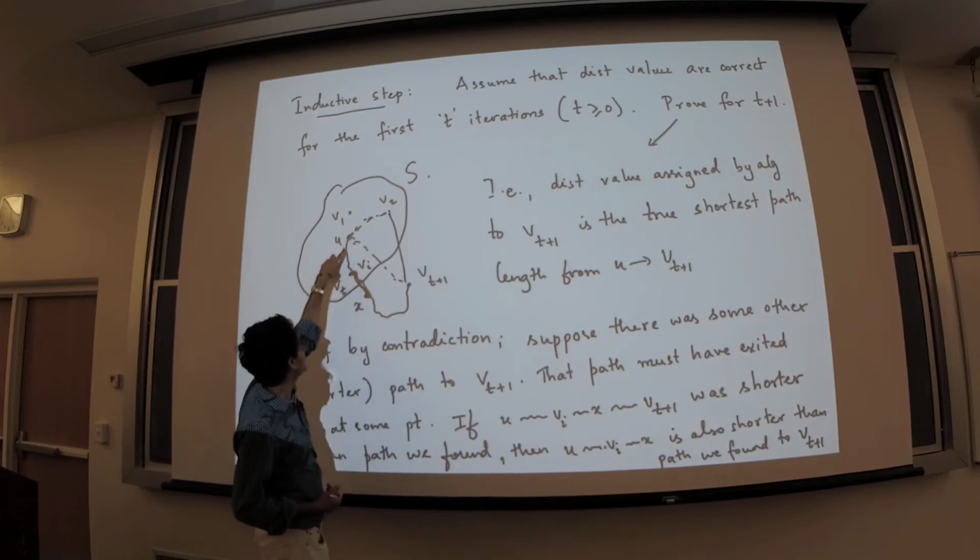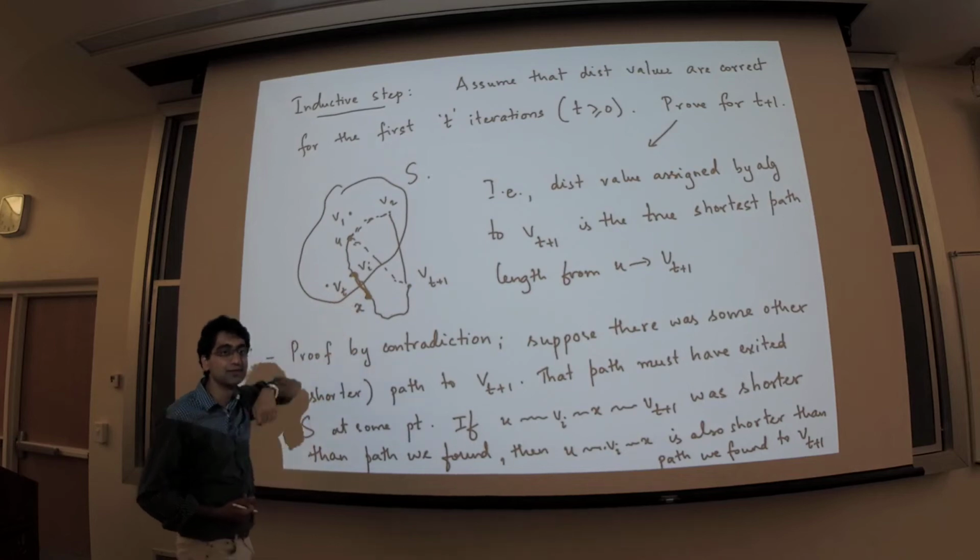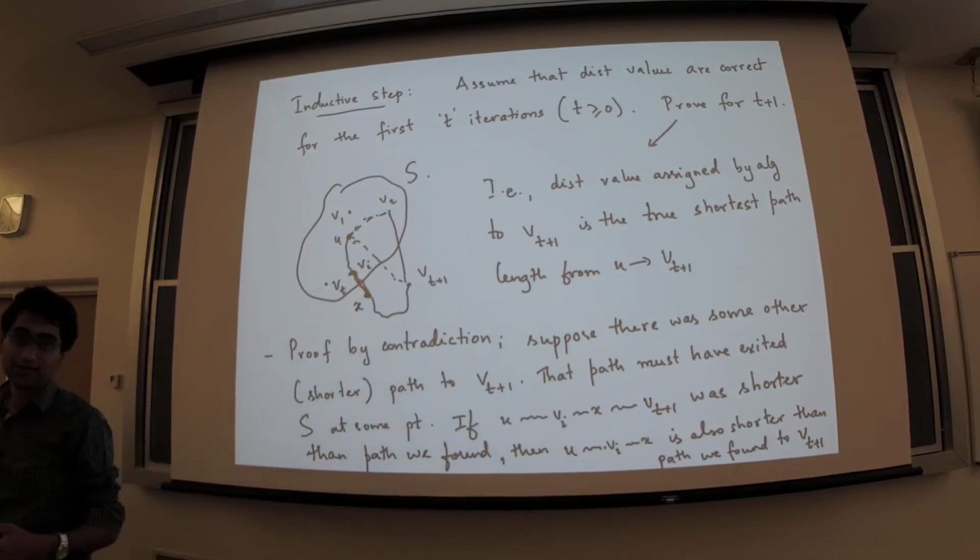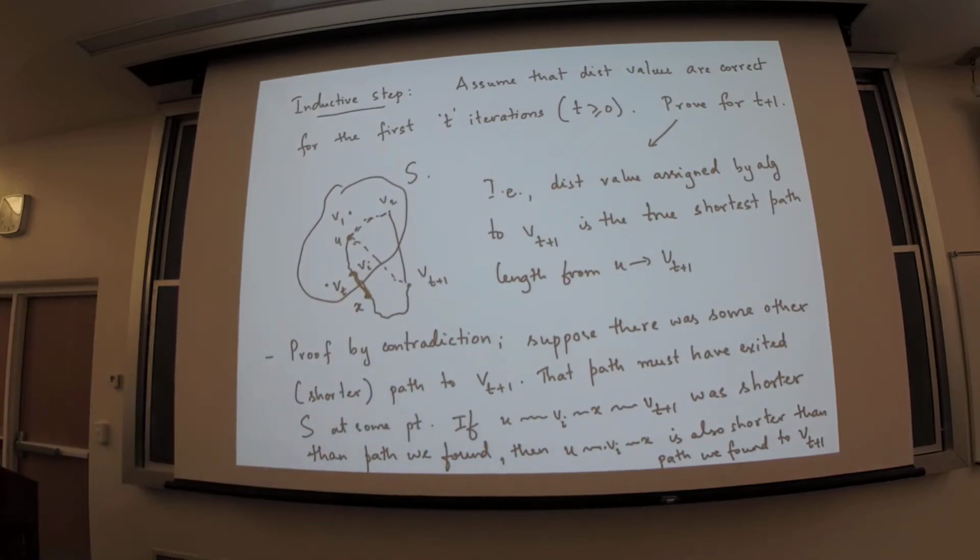Otherwise, the U to VI through to X would not have been the shortest. So, yeah, that's where I've used the inductive hypothesis. Okay. Yeah, so this is again an excellent question. Always when you do induction, you have to ask yourself, where have I used the inductive hypothesis?